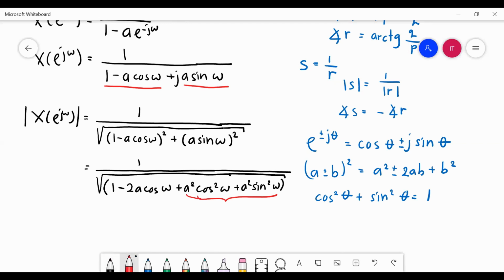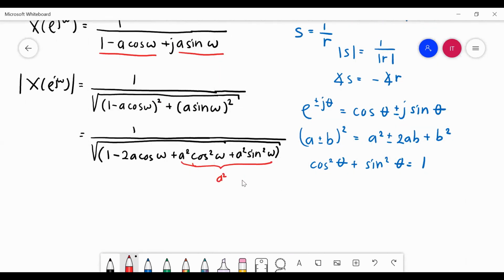So this part becomes a squared. Then we can write down that the magnitude of the spectrum is, here we have the magnitude.